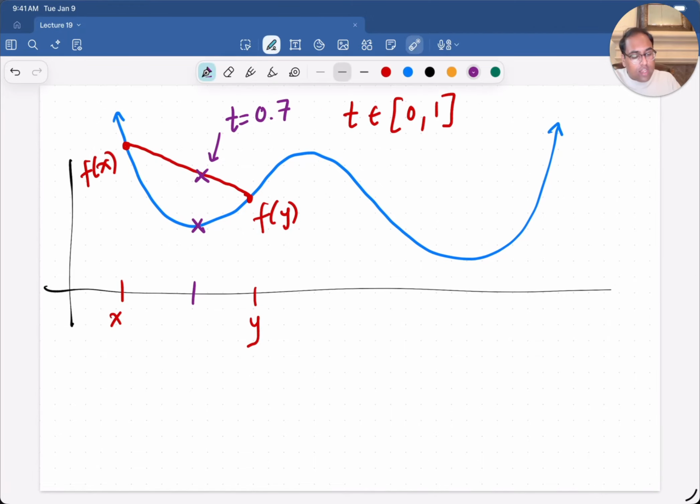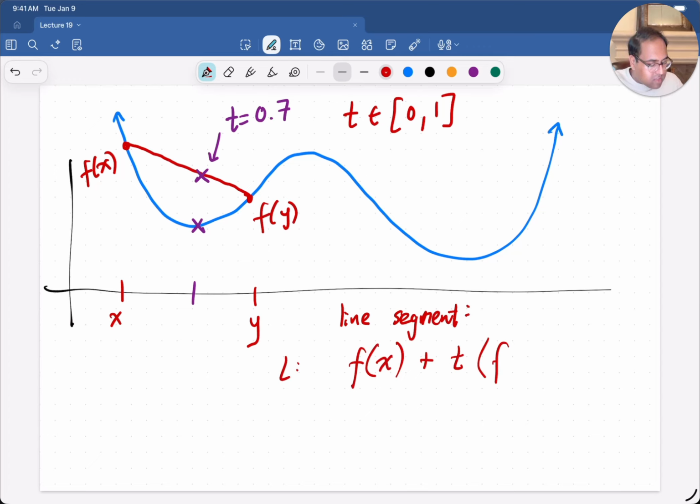So one way to try and describe this line segment is perhaps as something like, I'll say L is f of x plus t times the difference of f of y minus f of x, where again t is somewhere between 0 and 1. It could be exactly 0 or exactly 1.